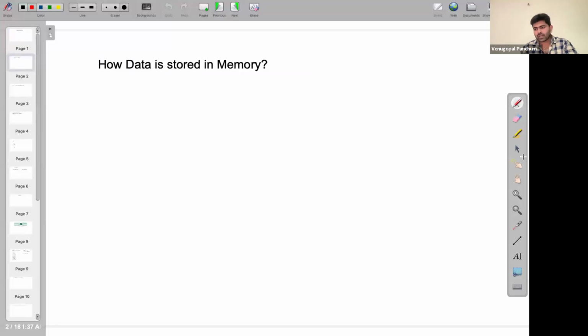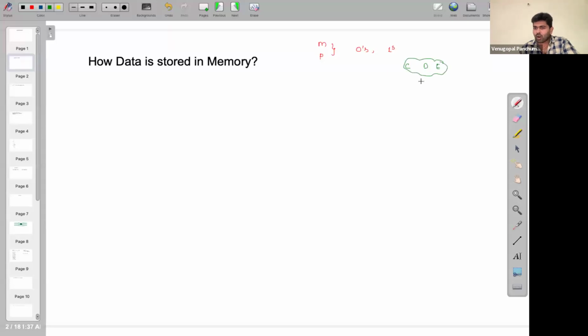First, let's talk about how data is actually stored in the memory. For example, when you store any movie or any photos, how are all these internally stored in the memory? In the form of zeros and ones. On your desktop, maybe you have C drive, D drive, E drive, desktop, documents, all these things.